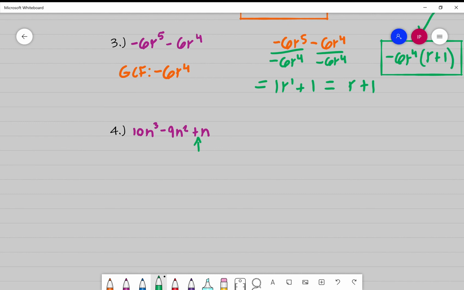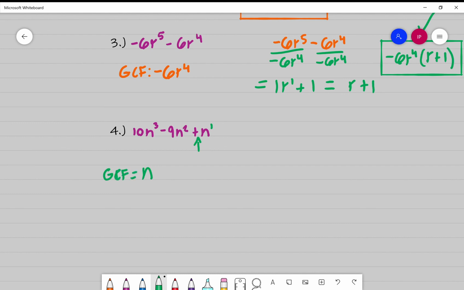So we can't factor out the numbers in this problem because the last term does not have a number. But they all have an n. So, as we know, we pick the variable with the smallest exponent, and n by itself is understood as 1, so we can factor out an n. So GCF equals n.